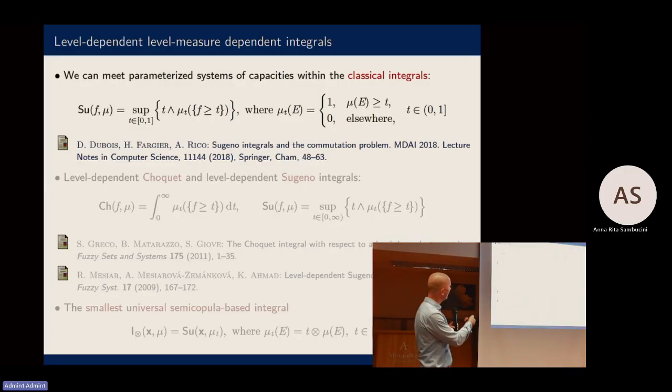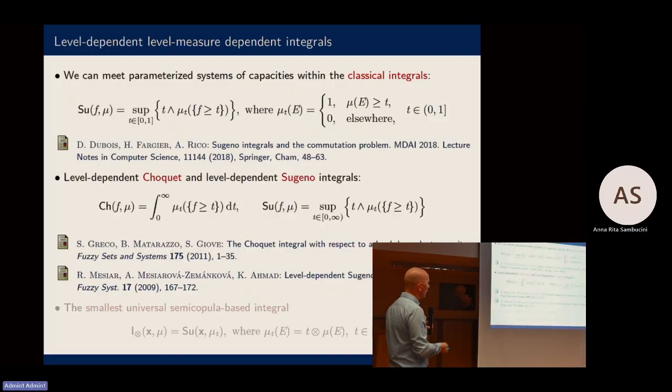For example, there is a result which describes the Sugeno integral as a level-dependent integral with respect to level measure 0,1 Boolean capacity. It was proved in 2018, and then we improved it for the case of not just the Sugeno integral, but semicopula-based integrals.